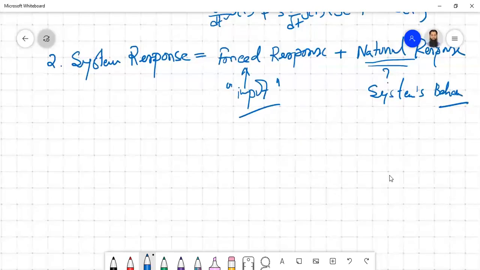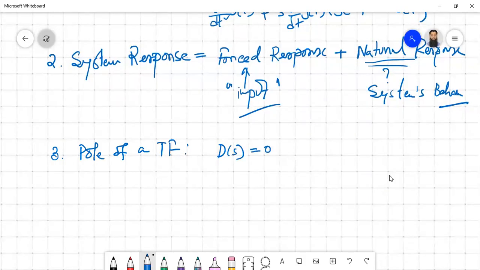And then we have the definition of the pole. What is the system pole? The pole of a transfer function: according to the definition, if you set the denominator equal to 0, then whatever roots you find, the values of s in the Laplace domain, those are the poles of the system.